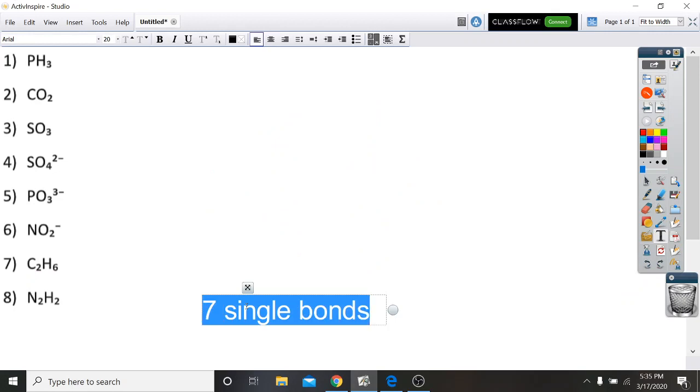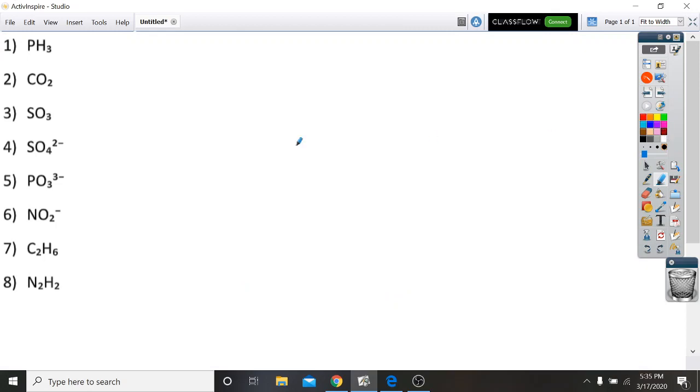For the last one, N2H2, again, the N's have to go in the middle because H's have to go on the side. So I'm going to do my best by just drawing one N with 5 valence electrons and the other N. And everything has to bond to each other, so I'm just going to bond it here. And I need 2 hydrogens, so let's say I'm going to mess up.